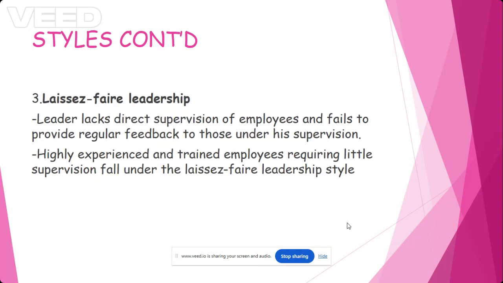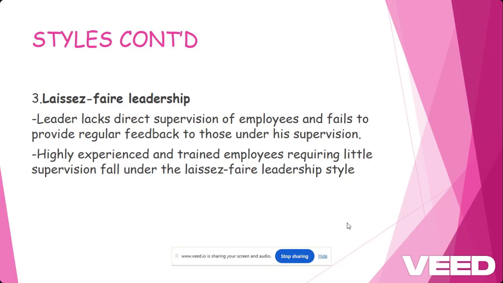Then we go to the other one, which is laissez-faire, a leadership style that comes as a result of the leader believing that the people are able to lead themselves. Here, the leader lacks direct supervision and fails to provide regular feedback.